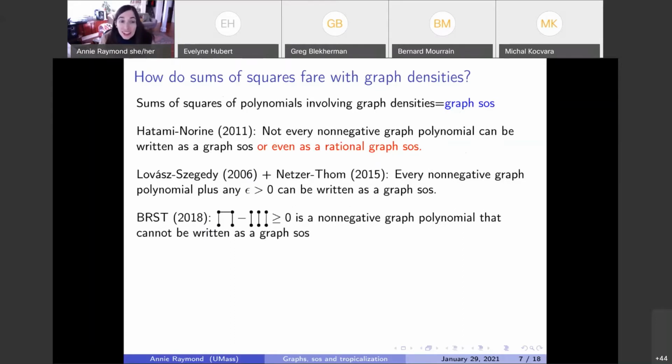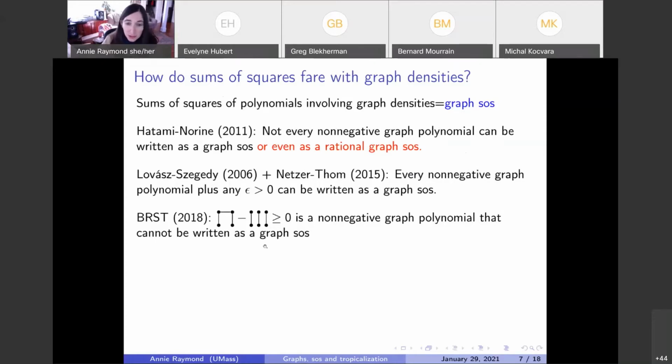And so just like in the case of real polynomials, at first, the proof was not so constructive. And so there was not a clear example of something that was non-negative that couldn't be written as a graph sum of squares. And so with Greg, Mohit, and Rekha, we showed that this polynomial here is a non-negative graph polynomial that cannot be written as a graph sum of squares.